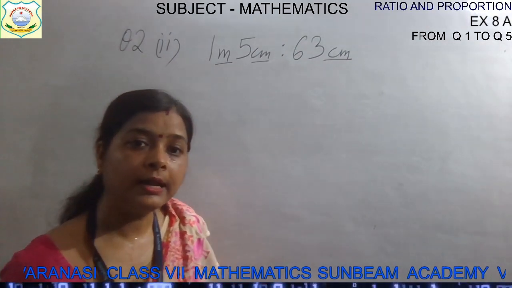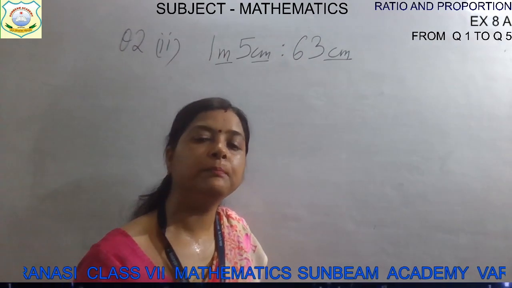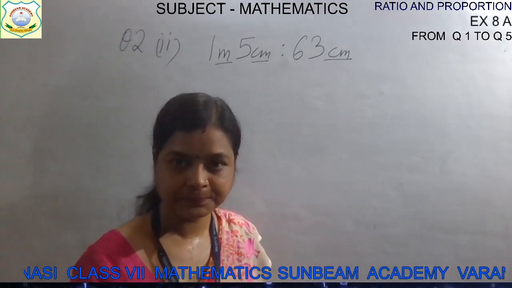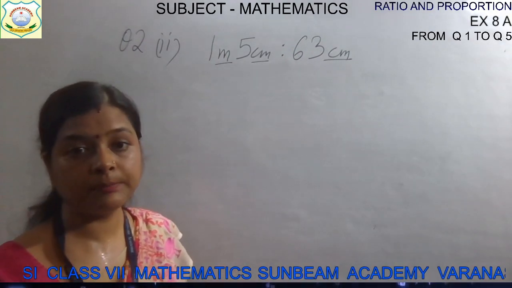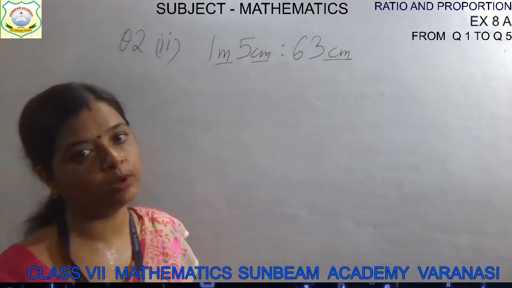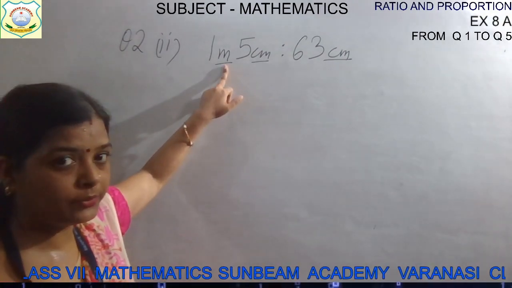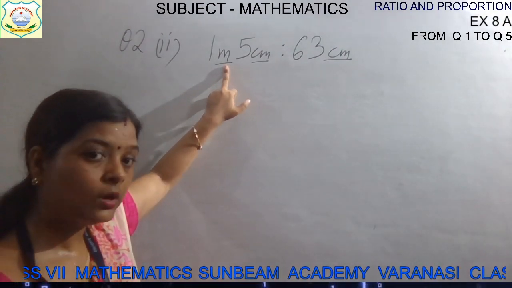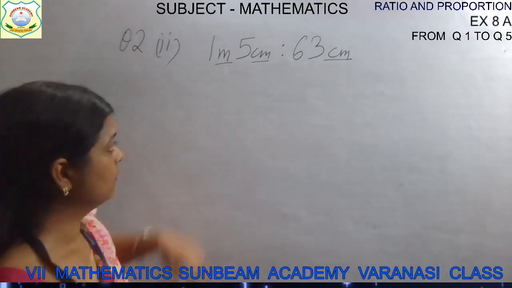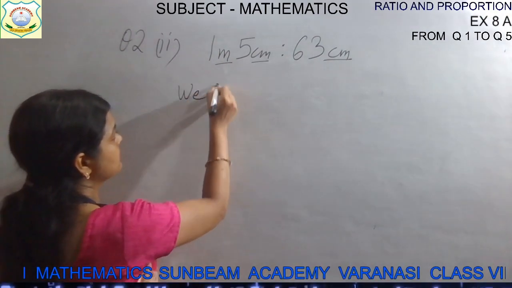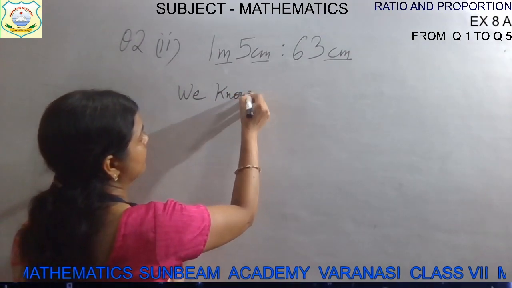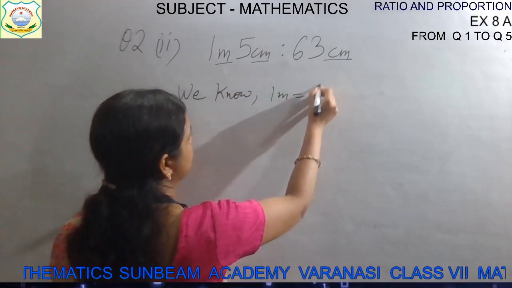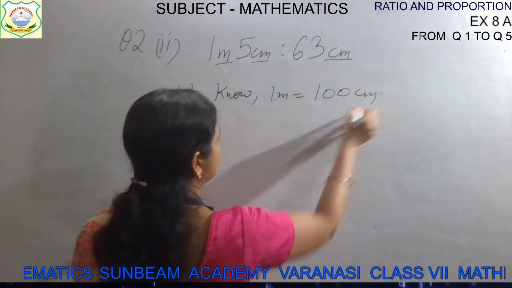Then what will happen? Then only you can simplify it. Clear? I am going to convert the bigger unit into the smaller unit. Meter is the bigger unit. 1 meter is equal to 100 centimeter. You know that 1 meter is equal to 100 centimeter.